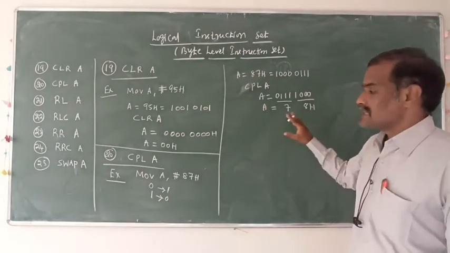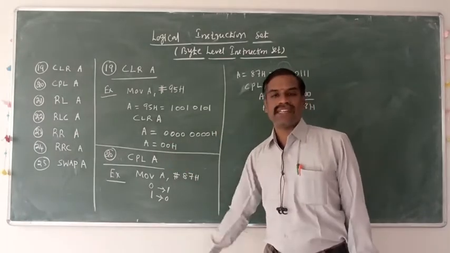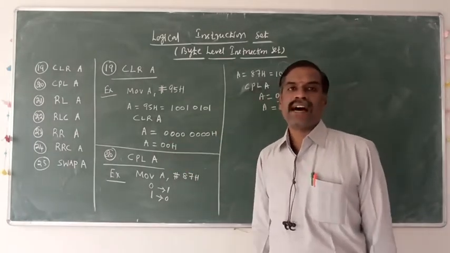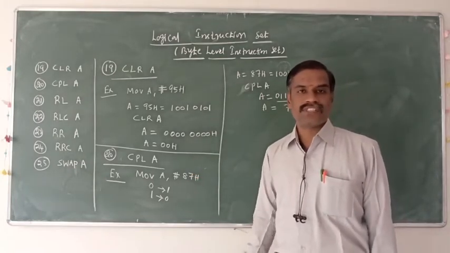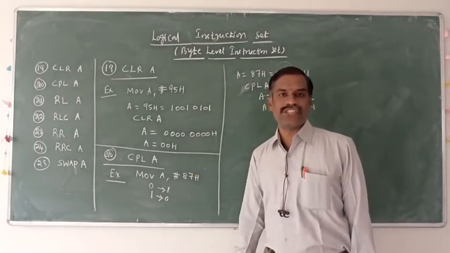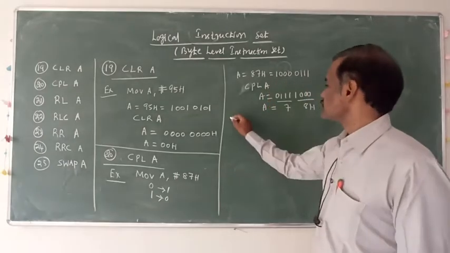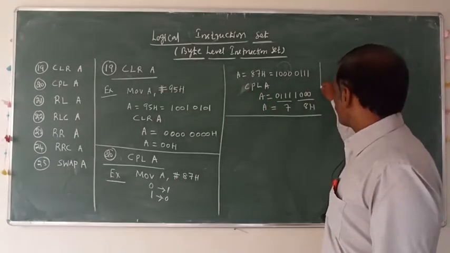This is the instruction to complement the accumulator content and the result is moved to the accumulator itself. 0 changes into 1 and 1 changes into 0.